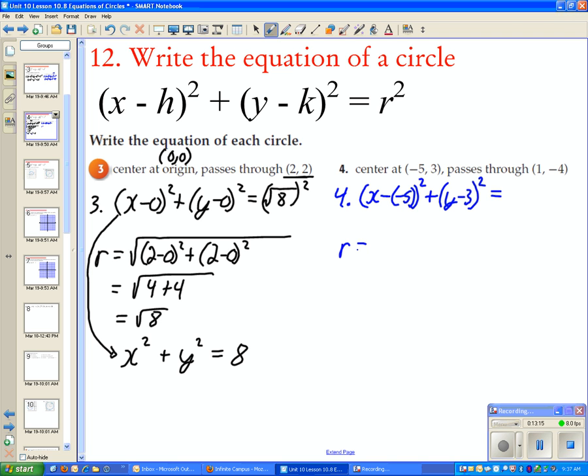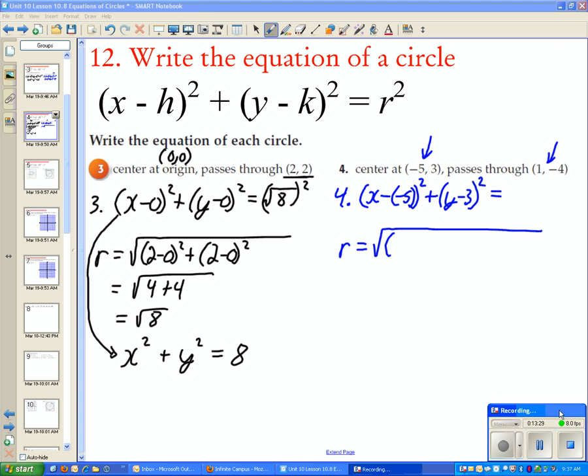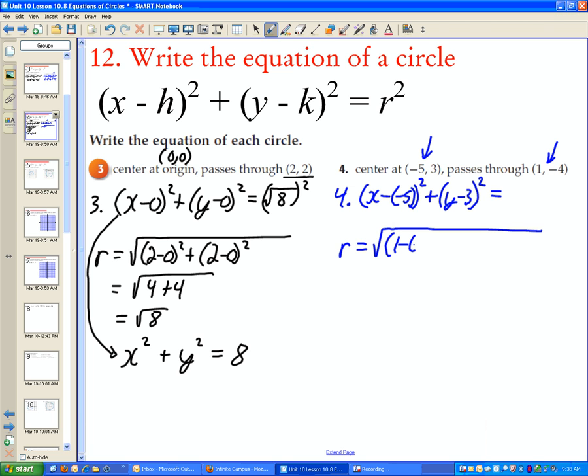I can find the radius using the distance formula. So find the distance from the center to a point on the circle. So find the distance from that point to that point. So that'd be 1 minus negative 5 quantity squared plus negative 4 minus 3 quantity squared.